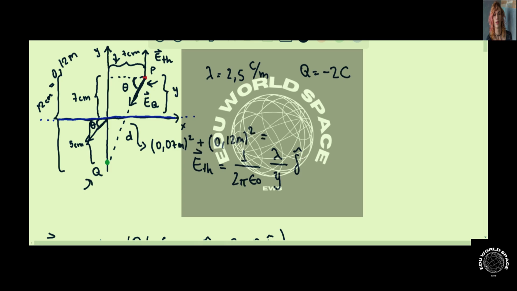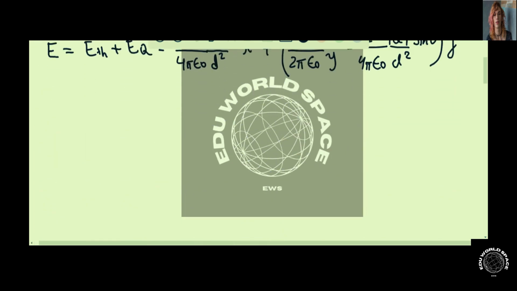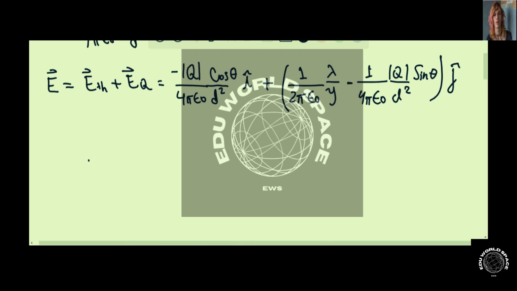So we have 0.07 meters squared plus 0.12 meters squared, which gives us 0.0193 meters squared.